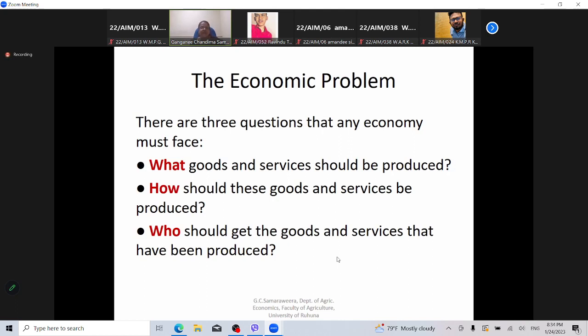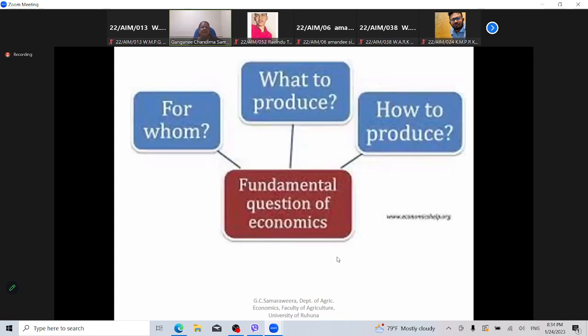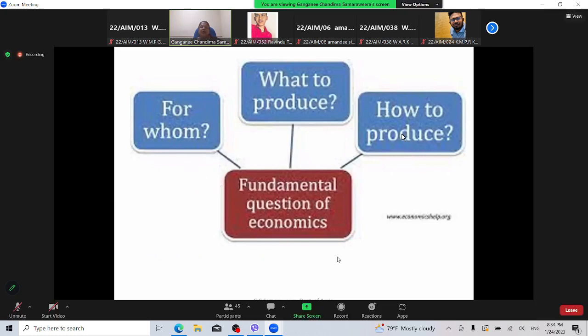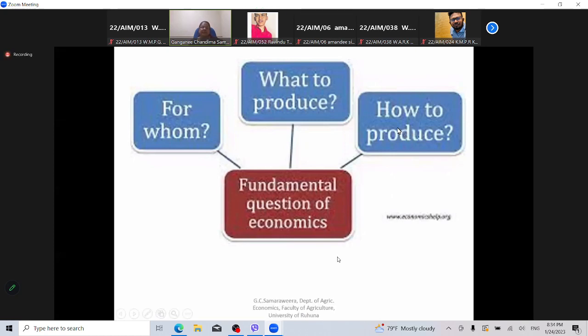So we have these fundamental questions: for whom, what to produce, and how to produce. Mainly these three questions can arise.